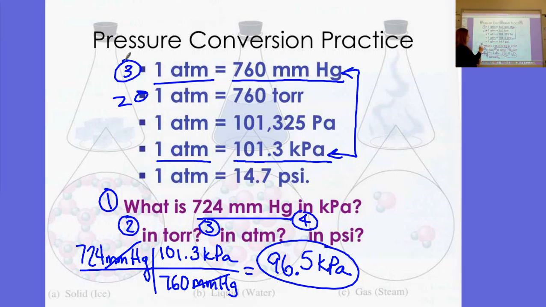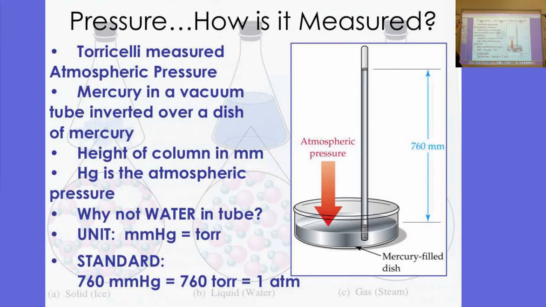And into PSI, which you may have heard of, pounds per square inch. It's how you inflate basketballs or tires, car tires, bike tires, PSI. So pause the video, see if you can do calculations 2, 3, and 4, and we'll check them. I'm going to go back a couple slides to where we left off, talking about pressure.